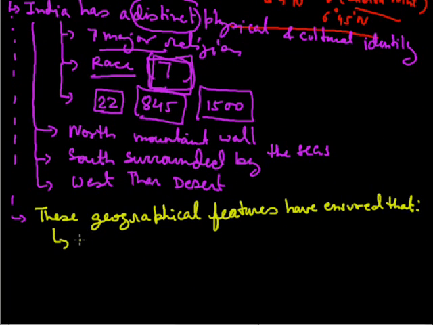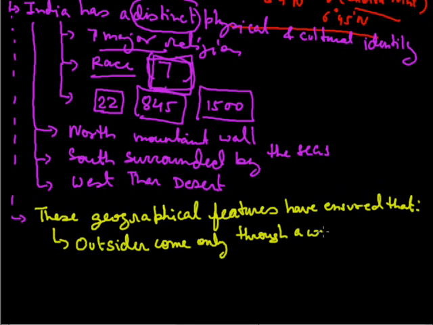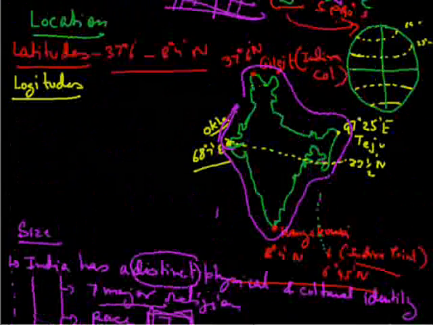First thing, the outsiders came through well-defined routes.